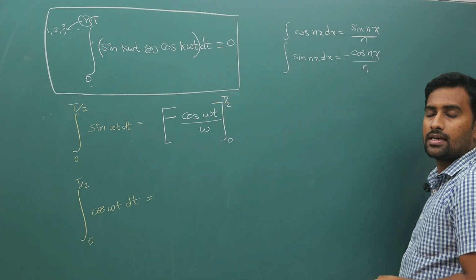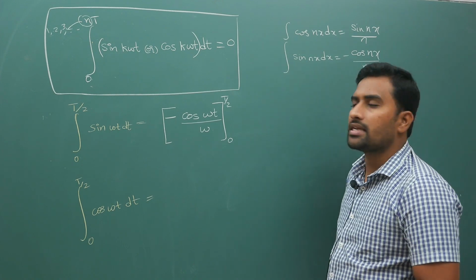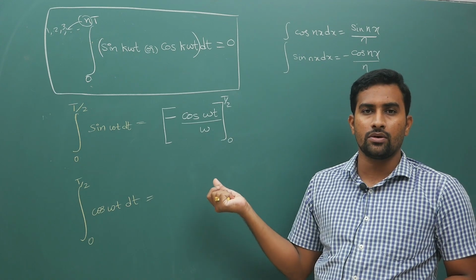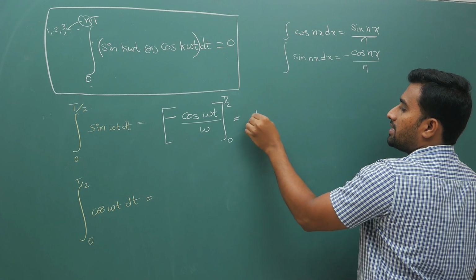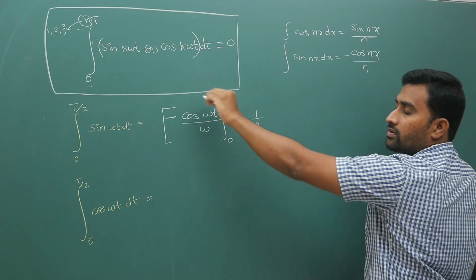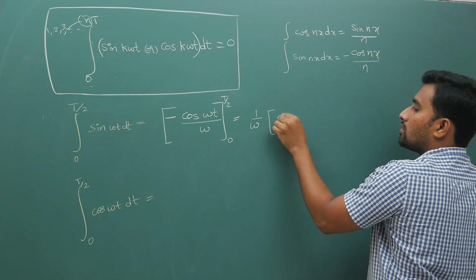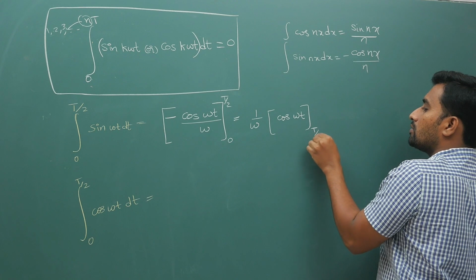and in place of omega I have told you very clearly you should keep it as omega, or else in integrals there is a property: if you have a minus sign and you interchange the limits, you can remove this minus sign. So this expression can be written as 1 by omega times, if you interchange the limits, the minus sign can be removed. So this will be plus cos omega t from T by 2 to 0.